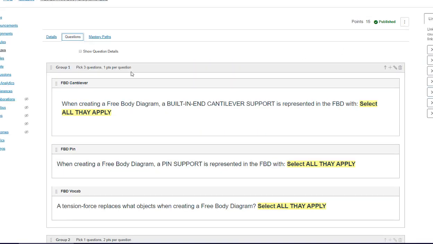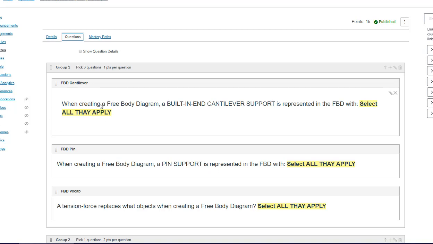Okay, this says when creating a free body diagram, a built-in end cantilever support is represented, and it says select all that apply. This group here is all vocabulary, but it was also covered in Wednesday's practice problems, on slide number 2.